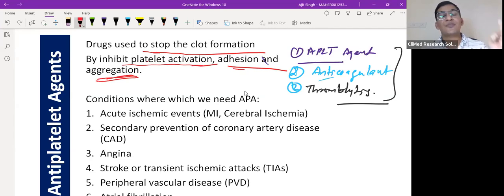If there is site injury, these will stop platelets from getting activated and aggregated to each other, right?